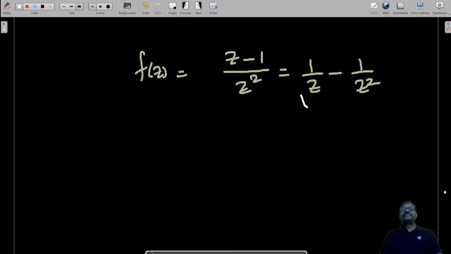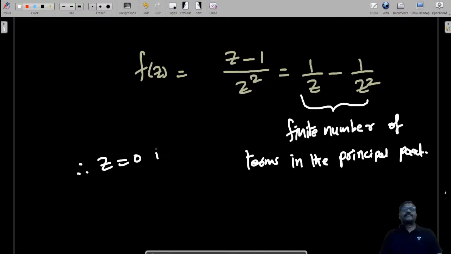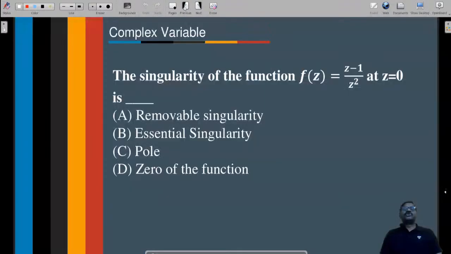You have a finite number of terms in the principal part. Therefore z equal to 0 is a pole.